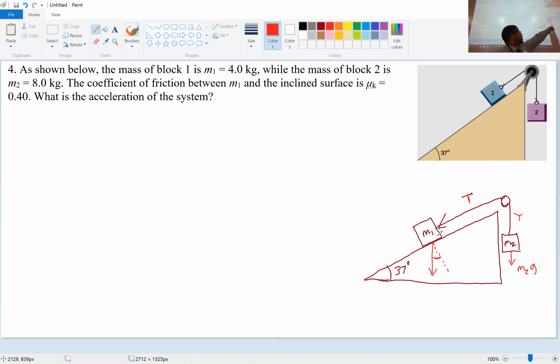I'm sorry, what is this angle? Yes, because just really quickly, this angle is a complement of this one and also of this one. So that's why these two are equal. 37 degrees.